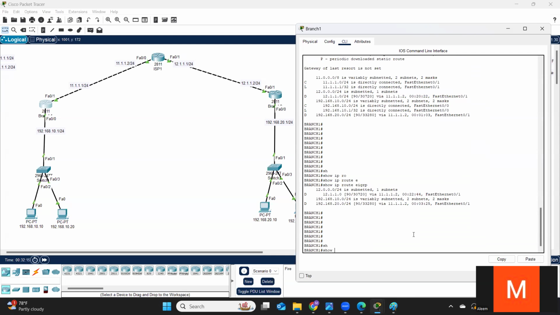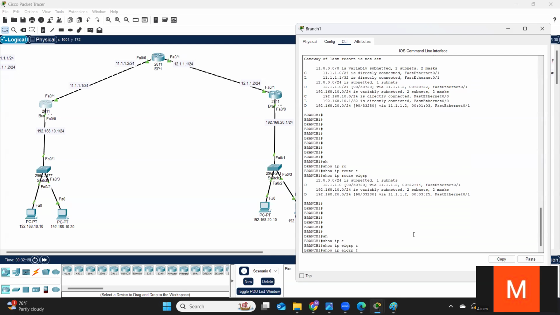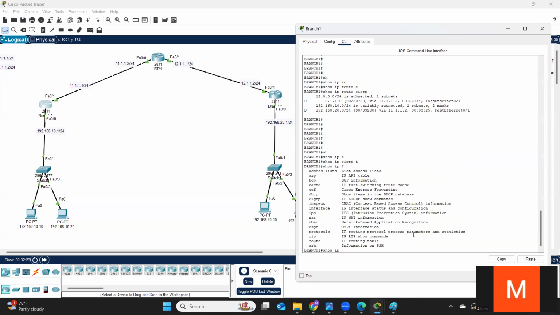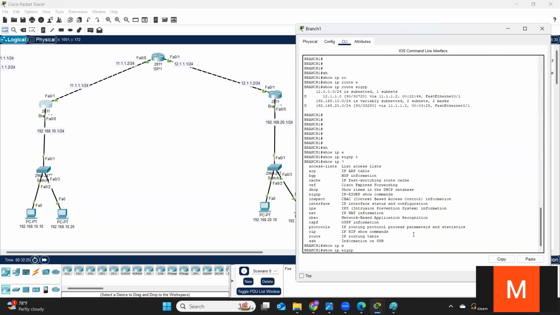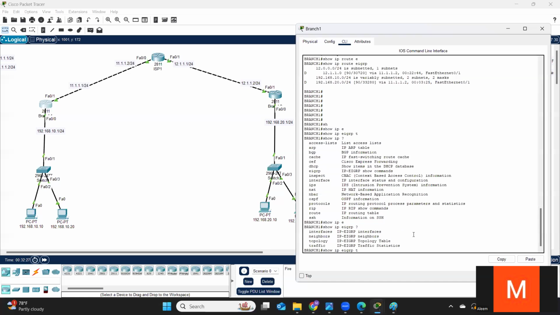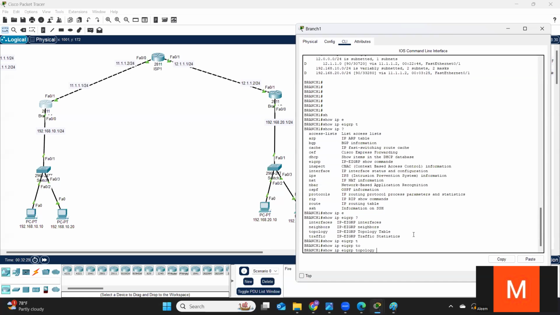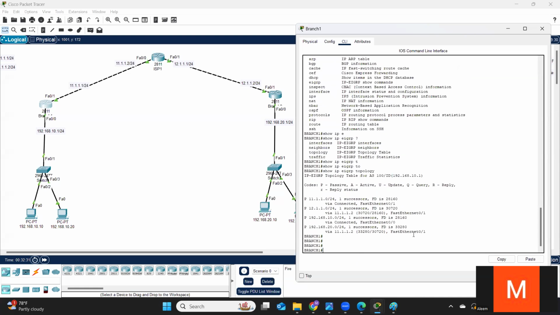And if you want to check the topology table, use show ip eigrp topology. This is the topology table.